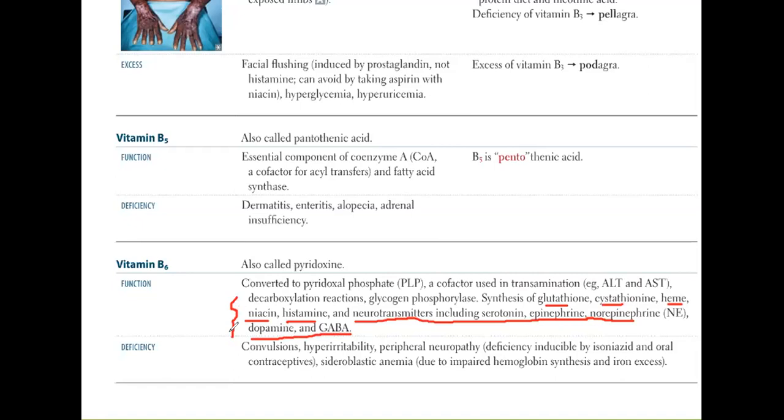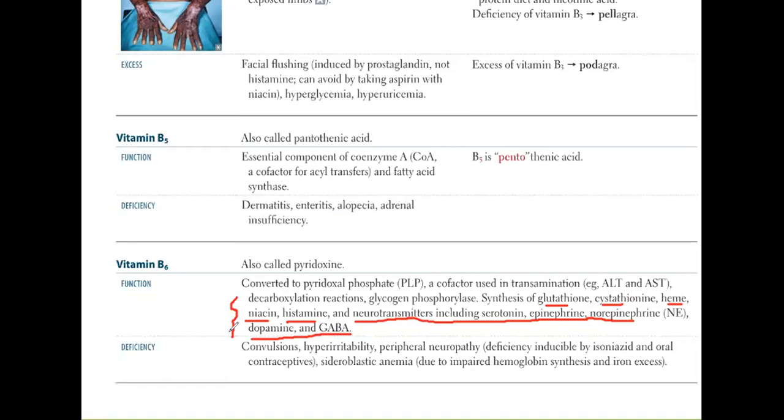So no sympathetic reactions, no parasympathetic reactions, no reactions in your renal vasculature, because dopamine is important. You will not have the happy and the sad hormone, that is serotonin or dopamine.